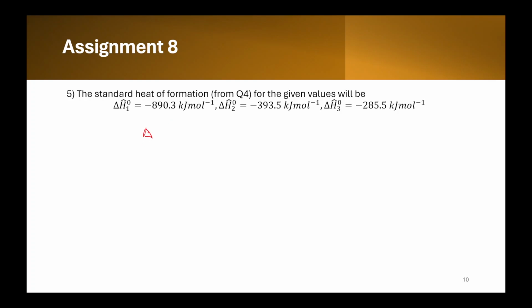So from the previous question, the standard heat of formation will be delta H2 naught plus 2 delta H3 naught cap minus delta H1 naught cap.